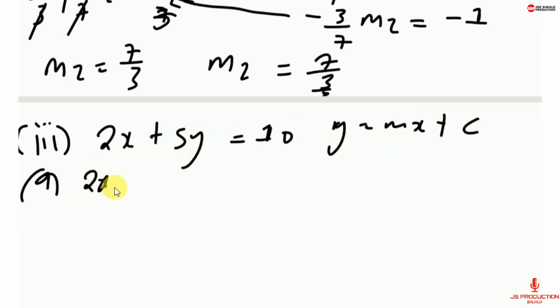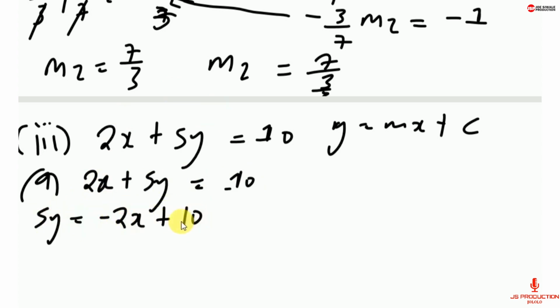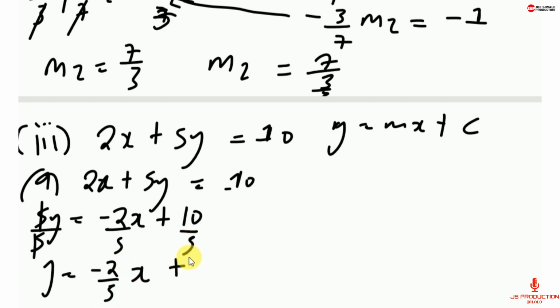So we're going to say 2x plus 5y is equal to 10, and we can transfer 2x to the other side of the equation. So we're going to have 5y is equal to negative 2x plus 10, and to calculate y, you can divide by 5. So y is equal to negative 2 over 5x plus 10 divided by 5, that's 2.